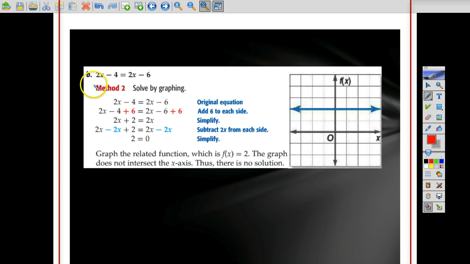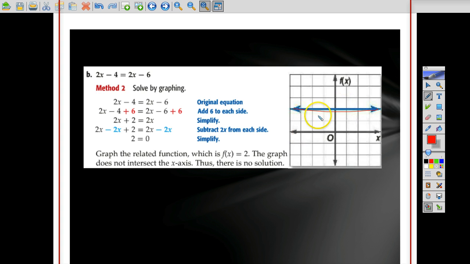All right, we can also prove that by graphing. Okay, so you have this equation here, and we graph it, and you come up with 2 equals 0. So graph the related function, f of x equals 2. The graph does not intersect the x-axis. f of x equals 2 goes through this line right here.